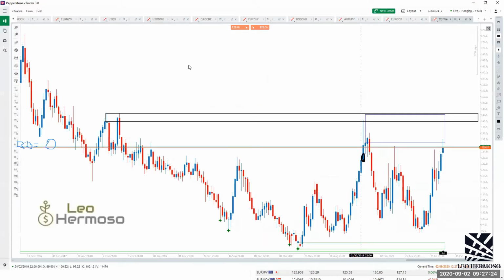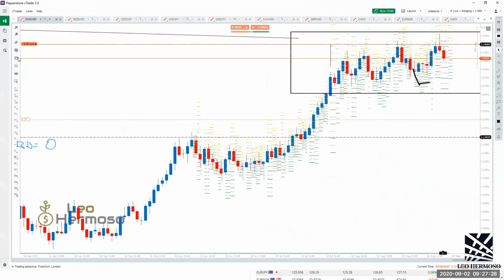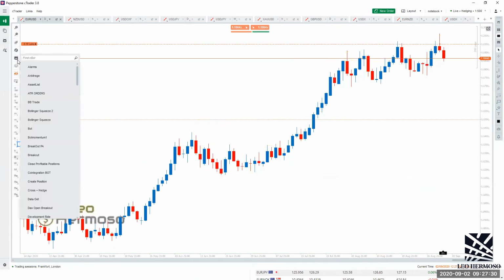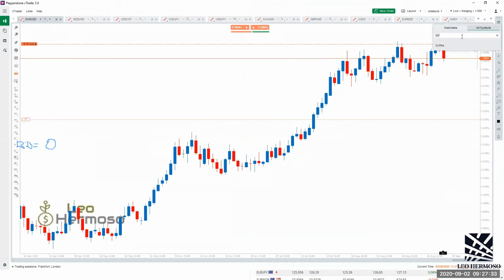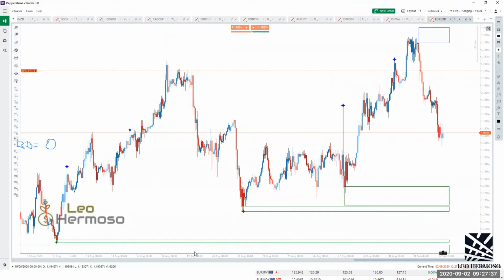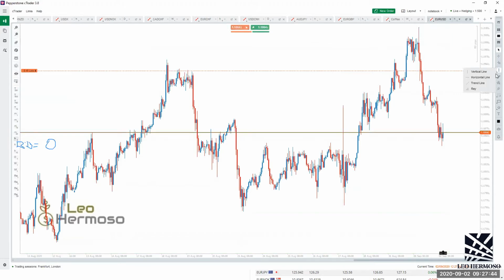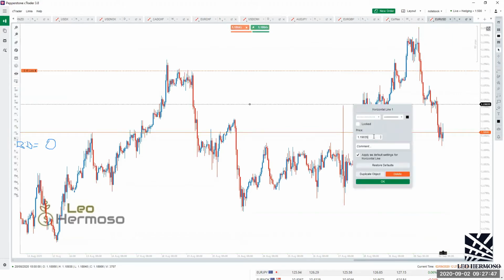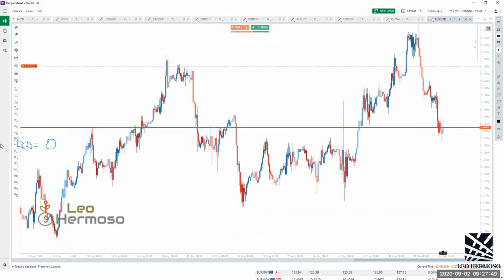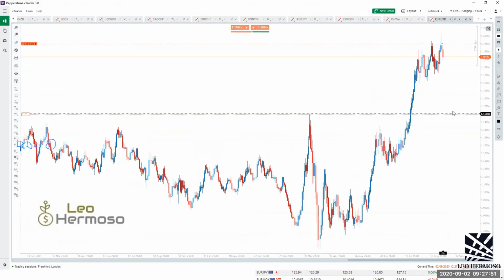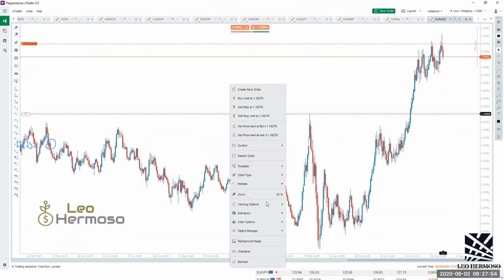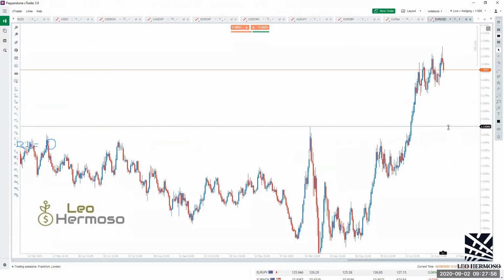If we go here to our charts, so this is our expected low, this level right here.